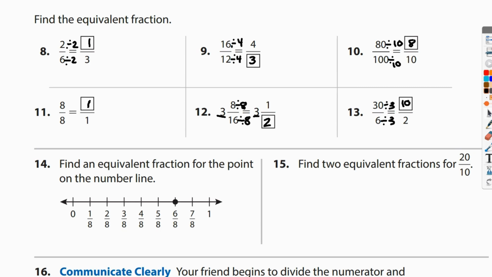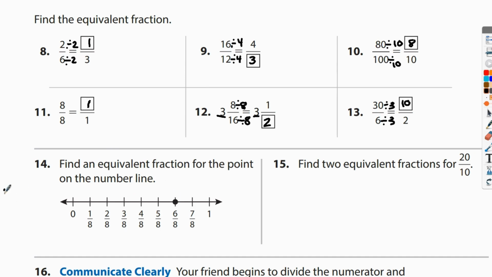Well, there's a couple of things that I can do for that one specifically. I could use multiplication as a review of yesterday. In other words, the number line is divided into eighths. So this is 6/8. And it just says to find an equivalent fraction for the point on the number line.